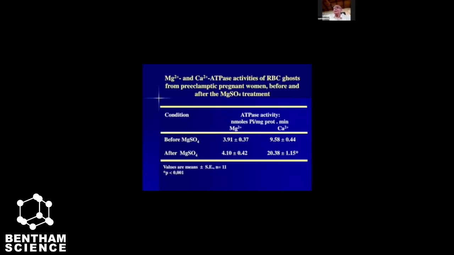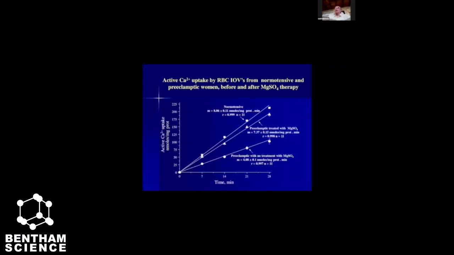And importantly, the calcium ATPase activity was restored to values also similar to normotensive pregnant women. So in other words, the magnesium sulfate therapy is acting as an antioxidant, and it's very important because there are no explanations for this effect of magnesium sulfate.